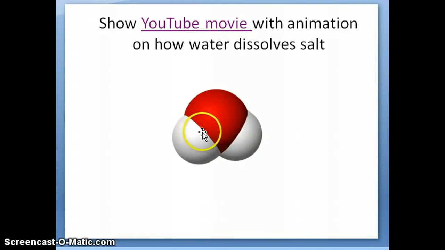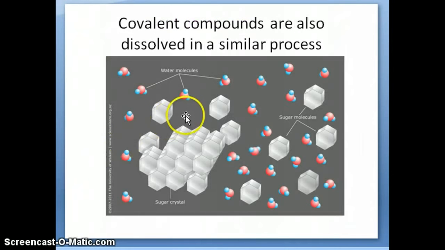For a covalent molecule which doesn't form ions, it's basically the same concept, except that it'll be the entire unit of the covalent molecule that gets pulled apart. So here's an example of sugar, table sugar, which is a covalent molecule, C12H22O11.